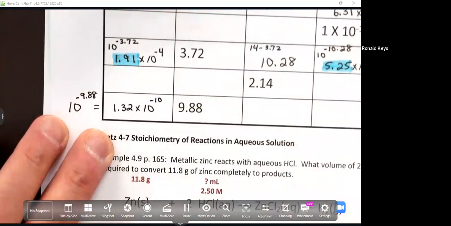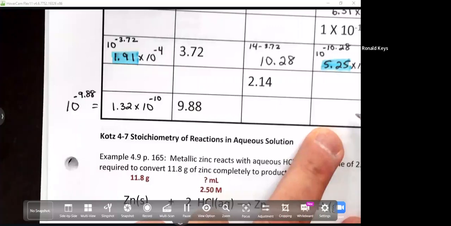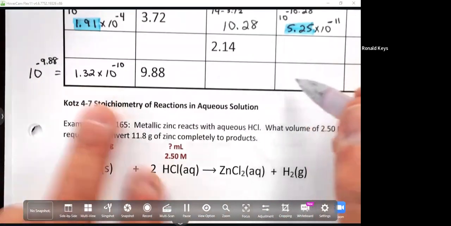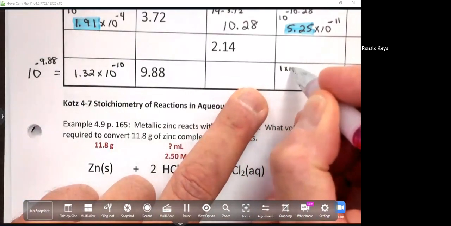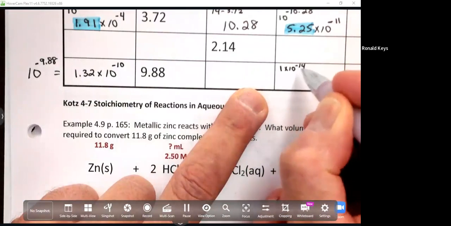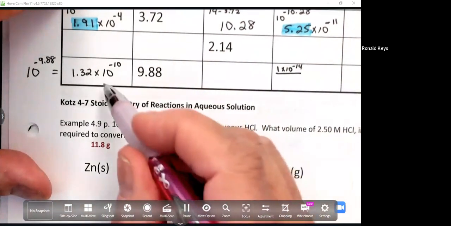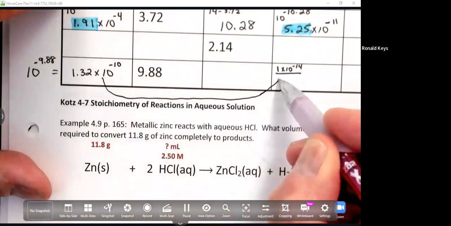Negative 10. Now I'm going to calculate the OH minus using my H plus. This is going to be 1 times 10 to the minus 14 divided by that answer right there.